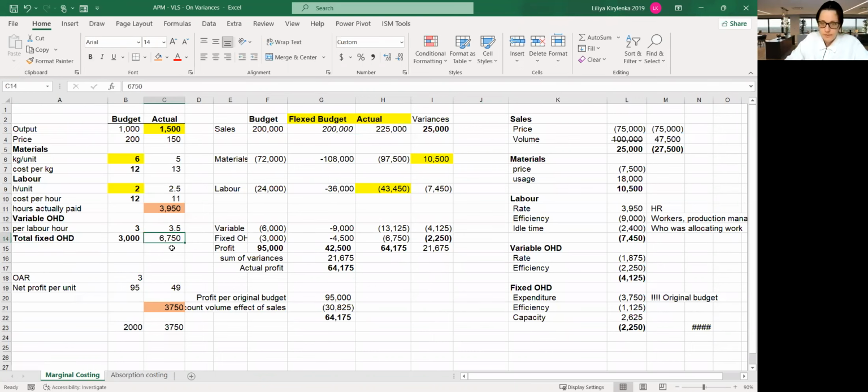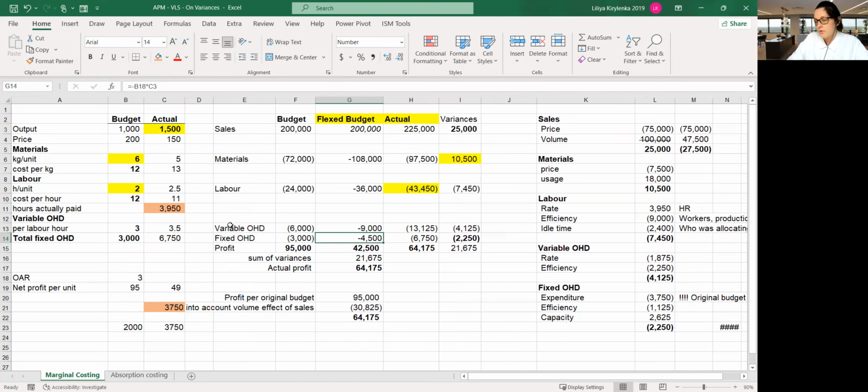The actual figure that we paid is the actual figure. We've paid that, we see the invoice, so we cannot do anything with that. But as for fixed overheads, according to that flexed budget, it will still be 3,000. We will not flex it, we will not update it on the quantity and volume of sales.